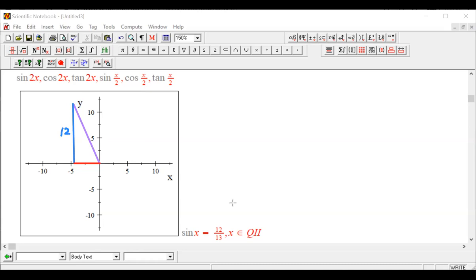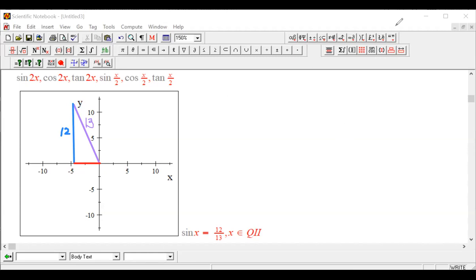And where's 13? 13 is going to be here. Oh, wrong color, red is for something else. Let me just use purple. So this is 13. By definition, now we have almost everything.